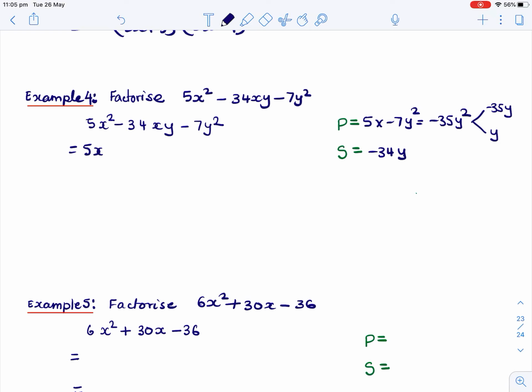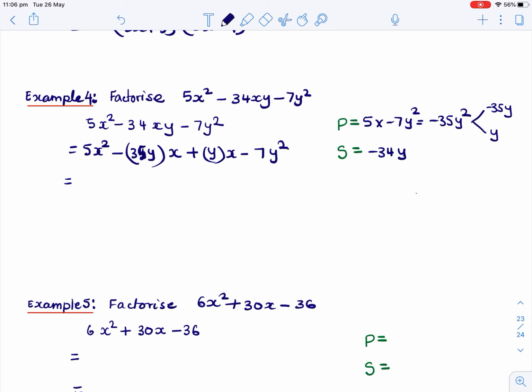So split the middle term, negative 35y x plus y x minus 7y squared.